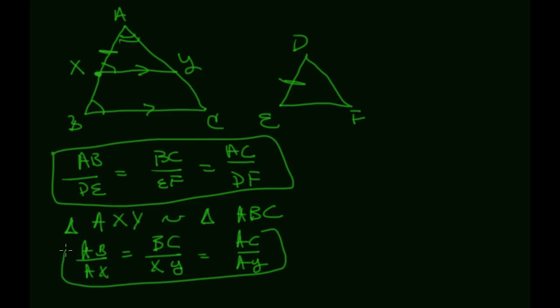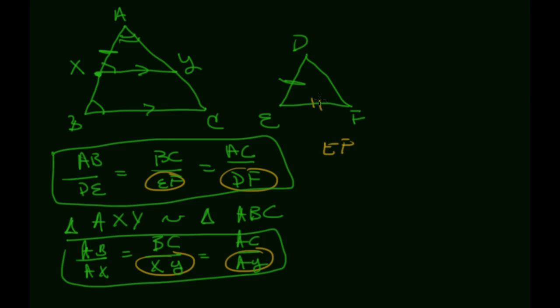And the only two differences this time are that EF is now in the place of XY, and DF is in the place of AY. So this means that EF has to be congruent to XY, and DF has to be congruent to AY.